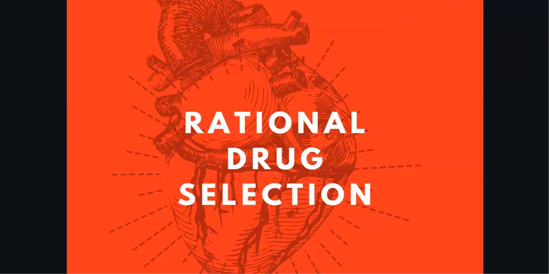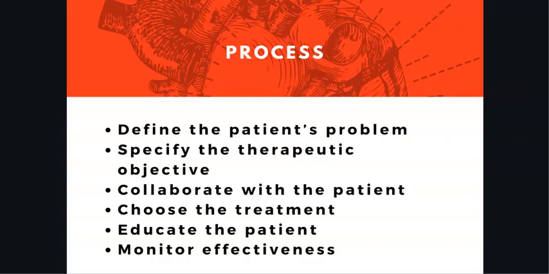Okay, we will move on to rational drug selection. So, what is rational drug selection? Well, the process of rational drug selection is prescribing, right? So you have to define the patient's problem, which could be by assessing the patient, developing a working differential diagnosis.